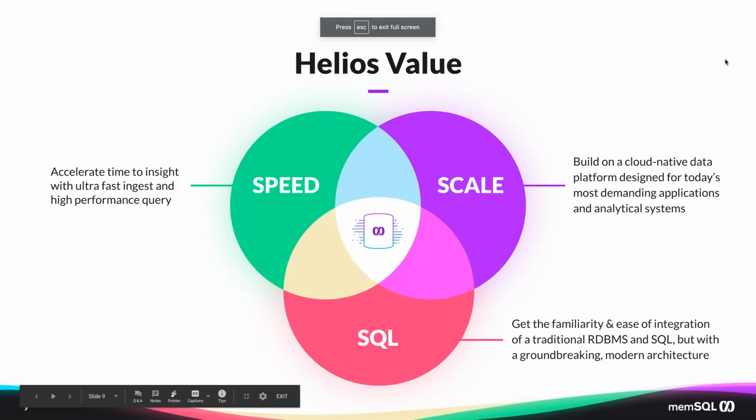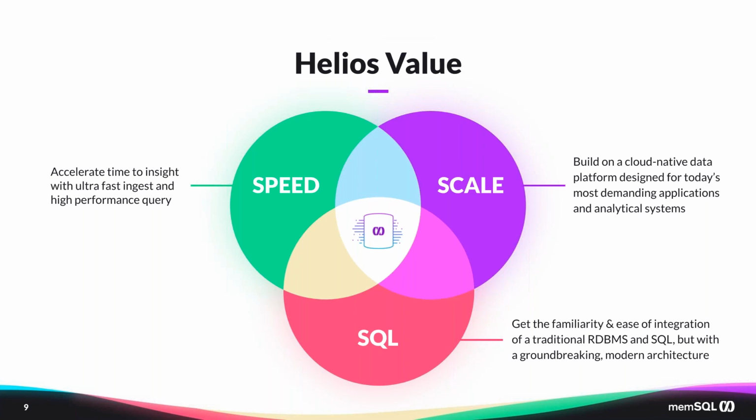So what you've just seen is how, using MemSQL Helios, we get the power of speed, scale, and SQL all in one platform. What you'll hear from a lot of databases is speed of getting data out. But what MemSQL also offers is the speed of getting data out, like you saw in Looker, but also getting data in through pipelines like Kafka.